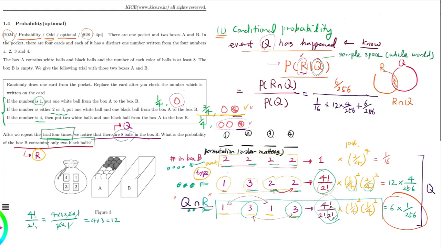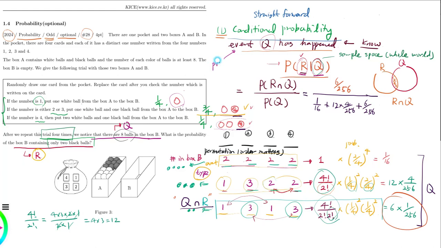Okay, let's wrap up this problem. This is rather straightforward, because this is kind of a stereotype of a conditional probability problem, and the main point is that you have to divide two events.